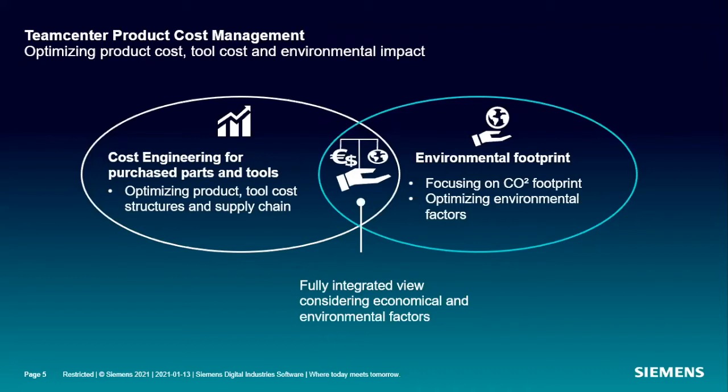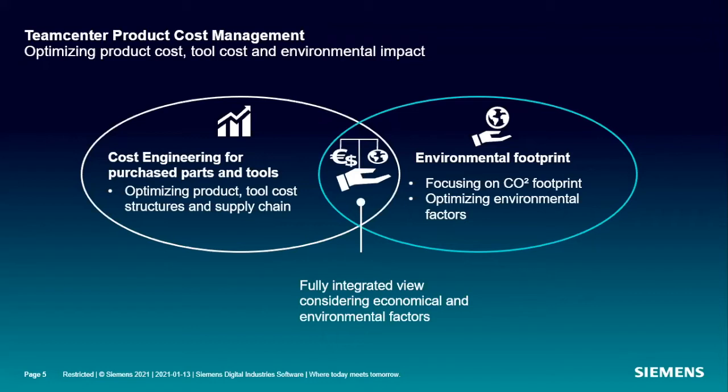All that is clear, but now we added a new leg: the environmental footprint, focusing on the CO2 emission factors, optimizing the environmental factors, etc. This will be a trade-off where you will be able to make analysis, say, if I choose another substance, it will be more expensive, but more environmentally friendly. If I choose a smaller or a bigger machine, it will have a CO2 impact. Then I will need to reduce the cavities.